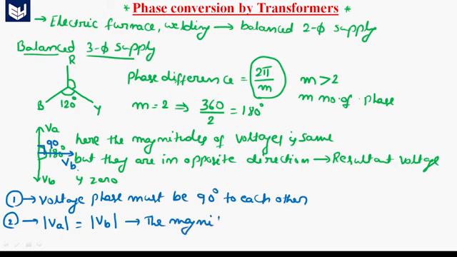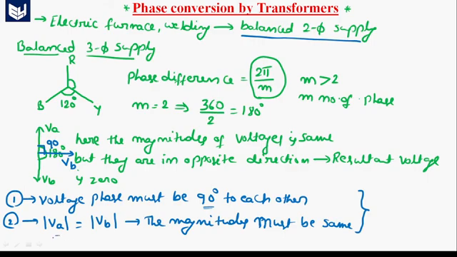Okay, so these two are the conditions that are to be satisfied to become a balanced two-phase supply. So in general, these two requirements are that the phase displacement between VA and VB is 90 degrees and their magnitudes must be equal.